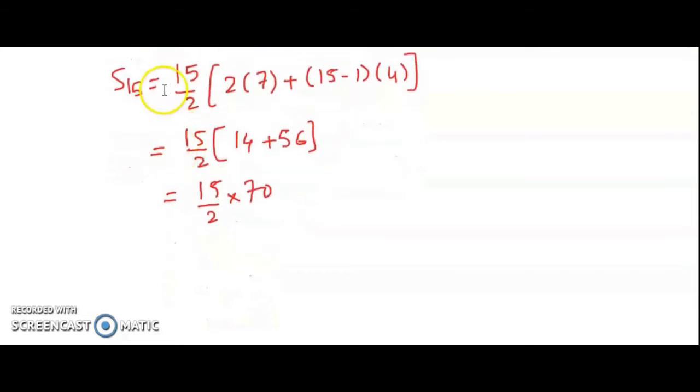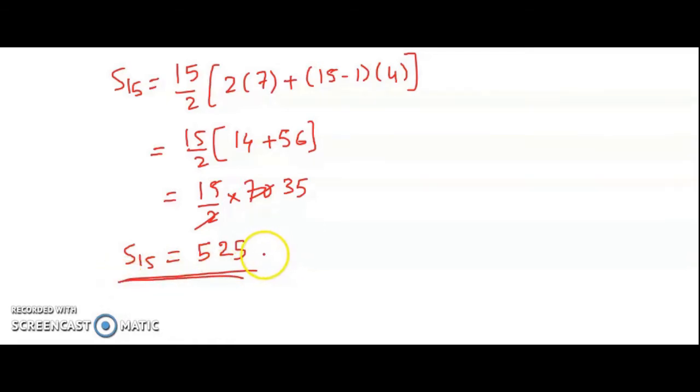So here we get the sum of first 15 terms, where 2 and 70 will cancel out. So 15 multiplied by 35, then you will get the answer 525. So the sum of first 15 terms of the given arithmetic progression is 525. This is our answer.